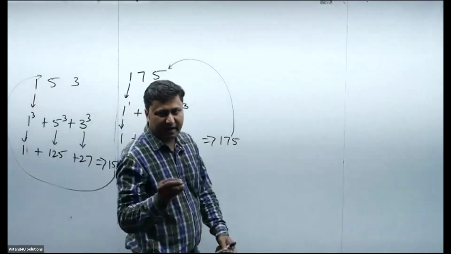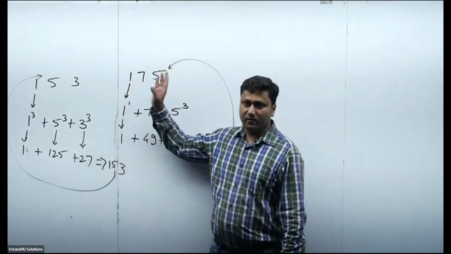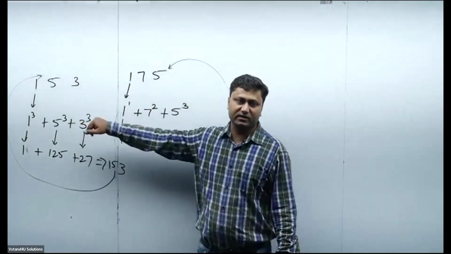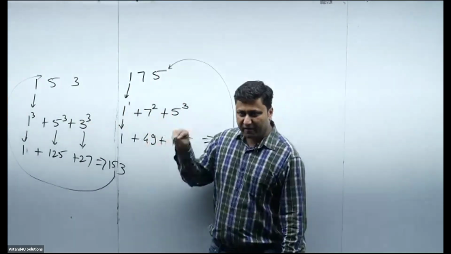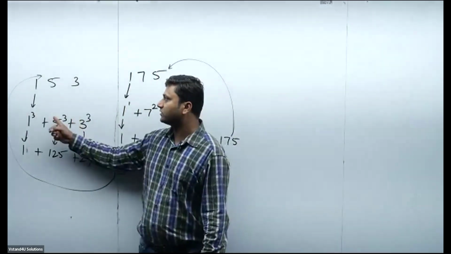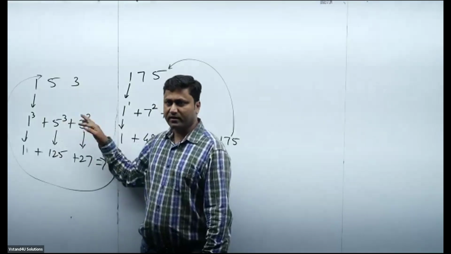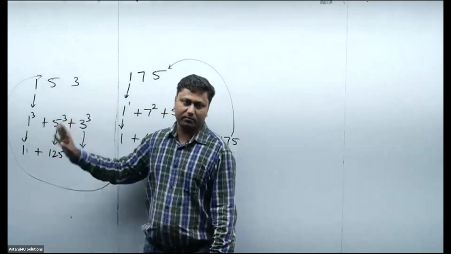Agree? Sir, slight differences are there. One we have already done, 153, where first we find the count of the digits in the given number, and then every single digit is raised to the power of the count of digits, 1, 2, 3. Every digit power is 3. Calculate and then the sum equals that.